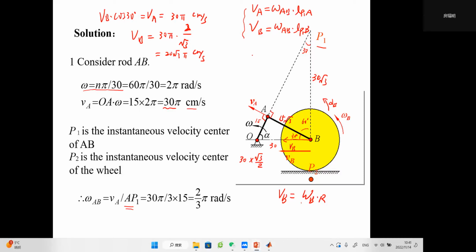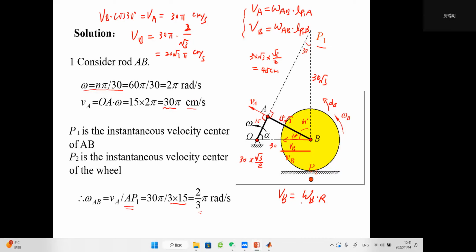Let me check it. 30 times cosine 30 will be square root 3 over 2. So this will be 3, and this will be 15. So the whole length will be 45 centimeters. So you guys can find AP1, VA over AP1. You know, this is 45, right? So we have omega AB equal this result.